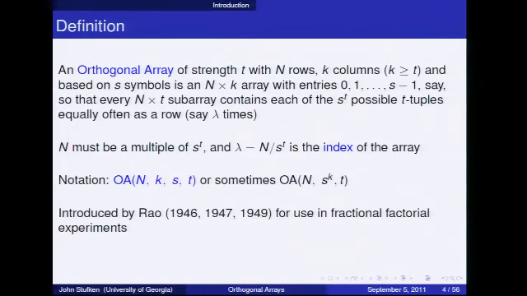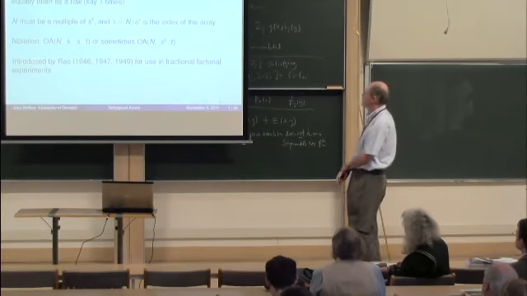An orthogonal array of strength t with n rows, k columns, and based on s symbols is an n by k array with entries from a set of s elements, let's say 0 through s minus 1, so that if you take a subarray consisting of t columns, an n by t subarray, then in the rows of that subarray, you see every possible combination of those symbols equally often. So every t-tuple of the symbols should come equally often as a row. And this is true for any t columns that you take, not just for a particular set of t columns, but for every selection of t columns.